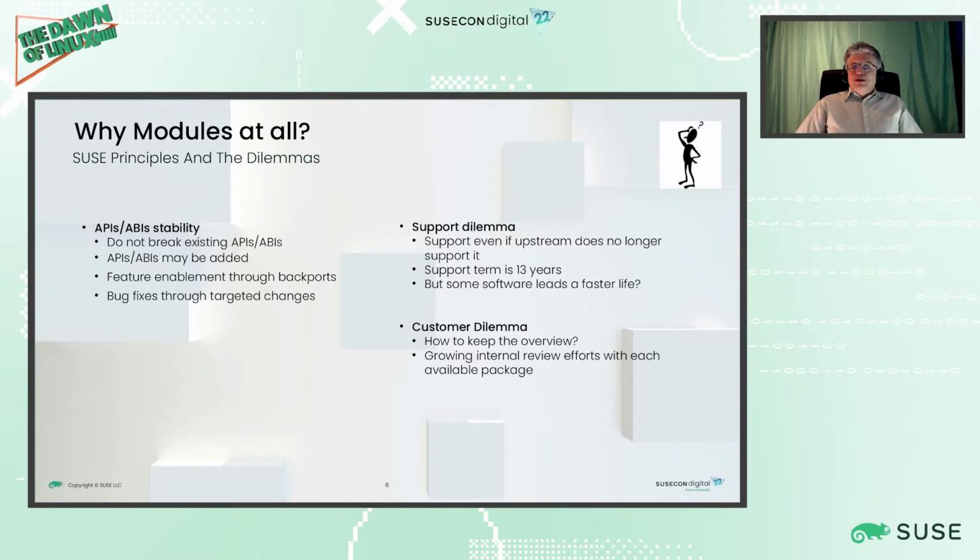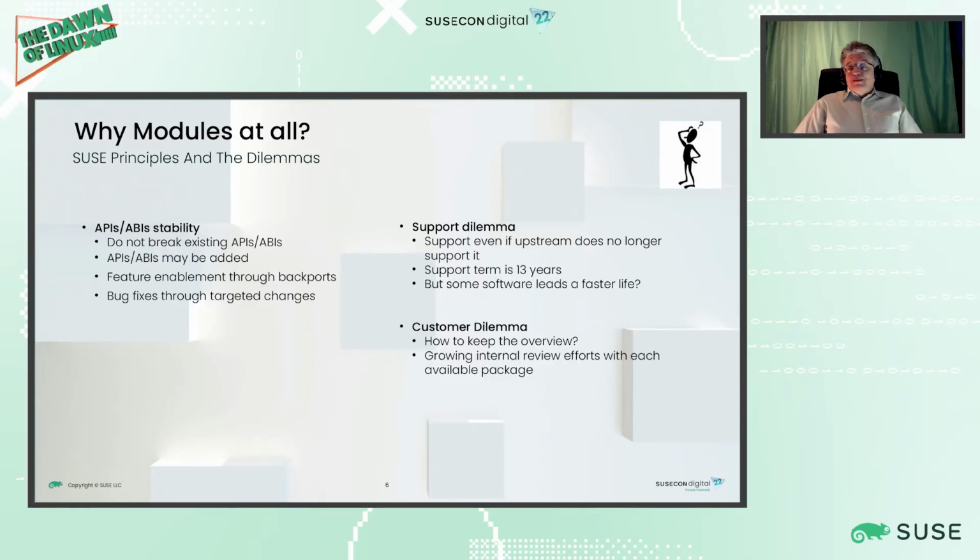So we normally do updates through backports, fixing bugs for the version that we have shipped, adding also some features there, and not so much going higher up with the version number. There are cases when this is useful, sensible and reasonable, but it's not the general rule. Bug fixes are done through targeted changes, not a simple version update, which may make the situation worse because you have new unknown bugs, but rather an update that fixes the bug for that version.